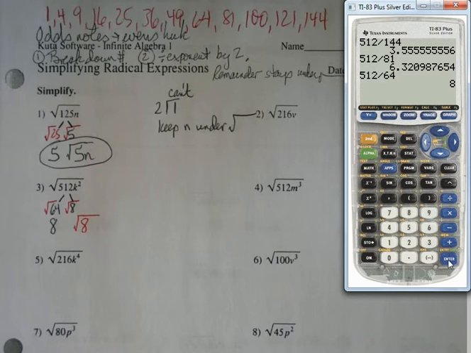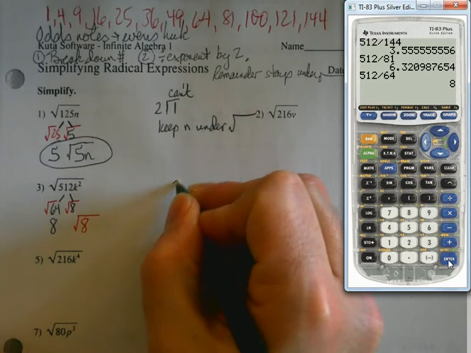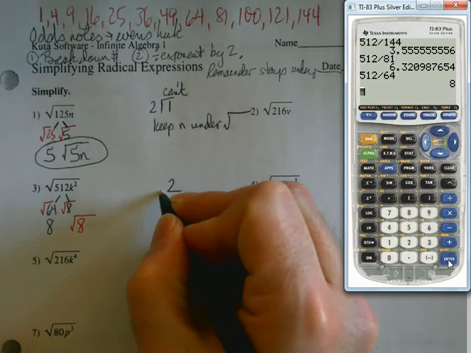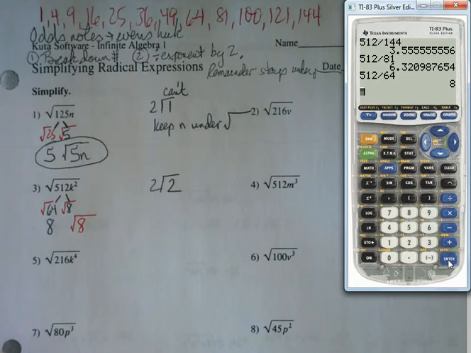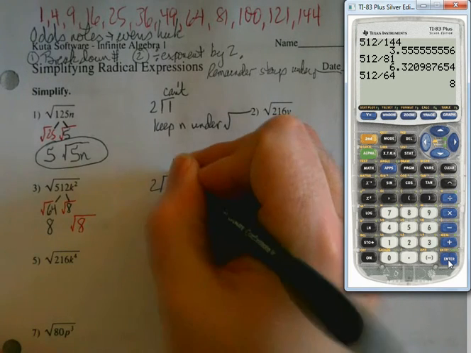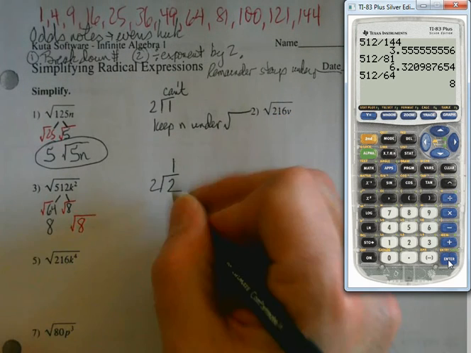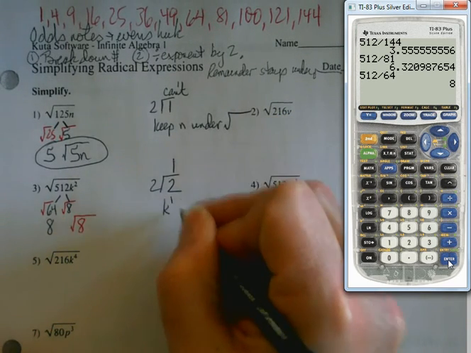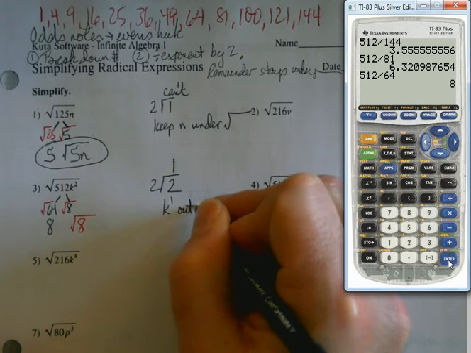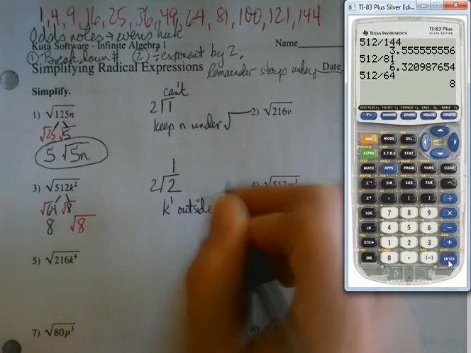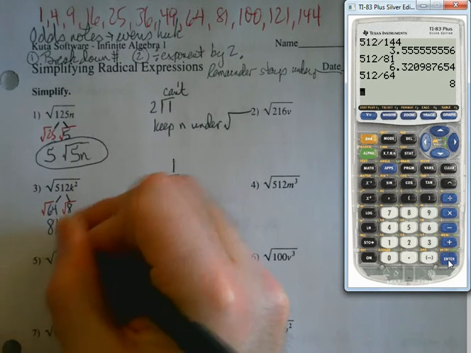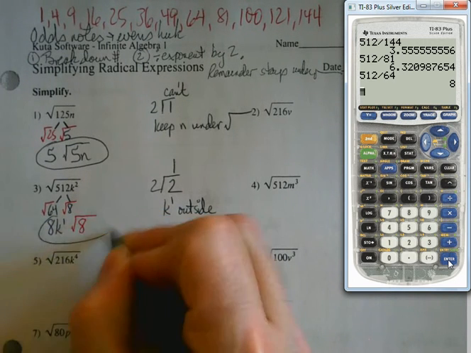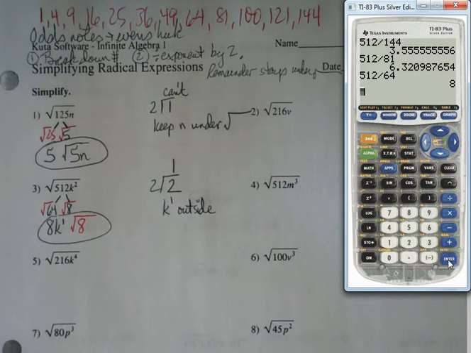So I look at this for a minute and I go, well, I take the exponent, I take the 2, divided by 2. Well, what's 2 divided by 2? 1. So what's that mean for me? It means k to the first power goes outside with my 8.